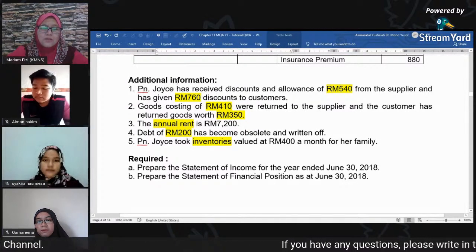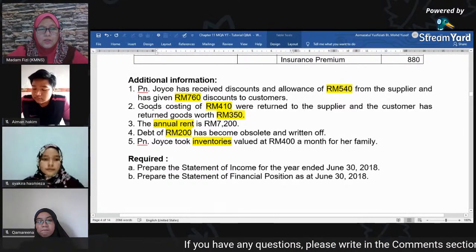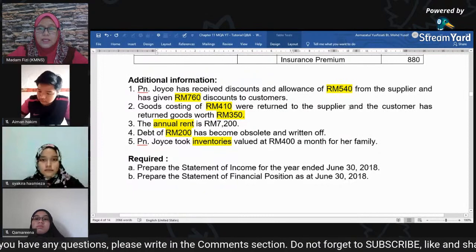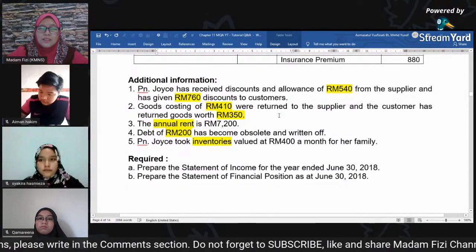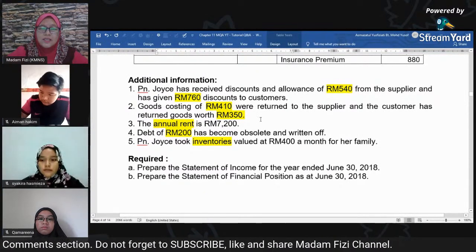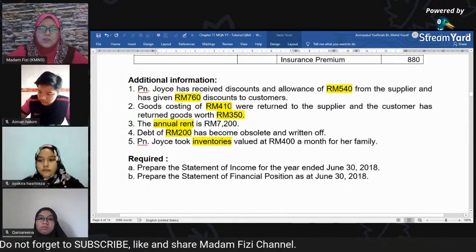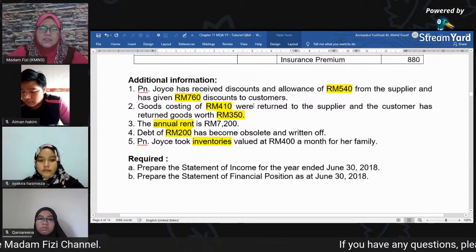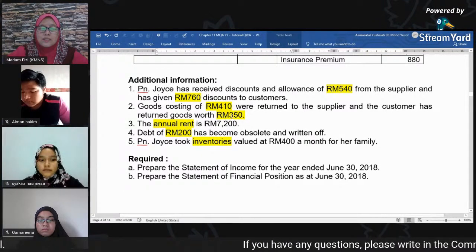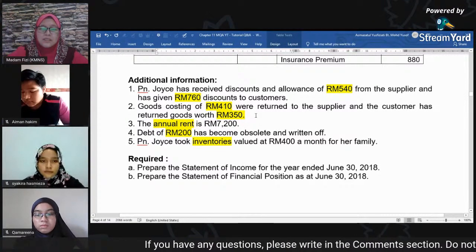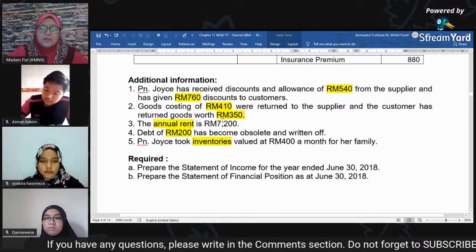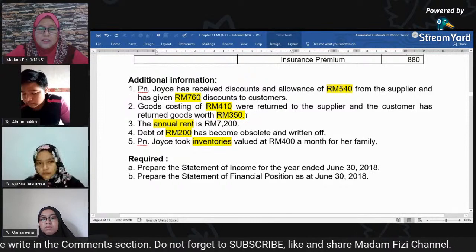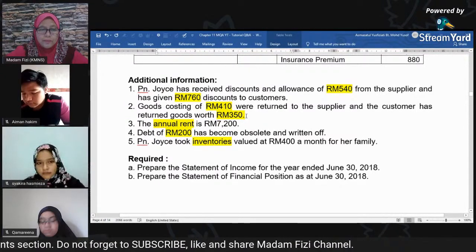Okay. Additional information number 2. Goods costing 410 were returned to the supplier and the customer has returned goods worth 350. So 410 is the purchase return, while 350 is a sales return. So this figure you have to add in a statement of income.